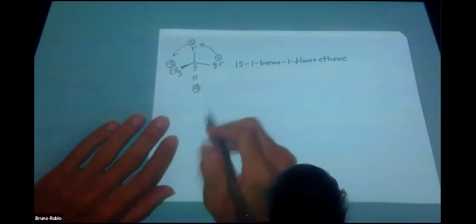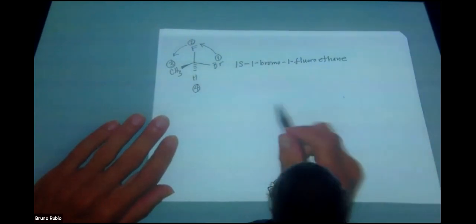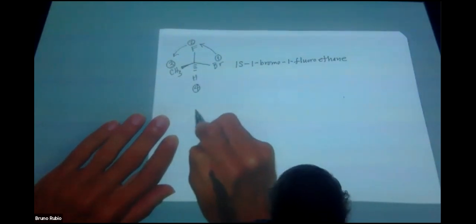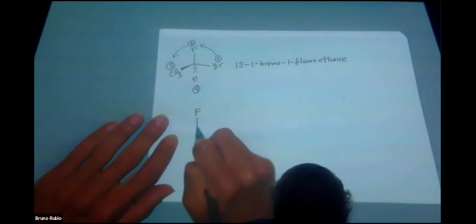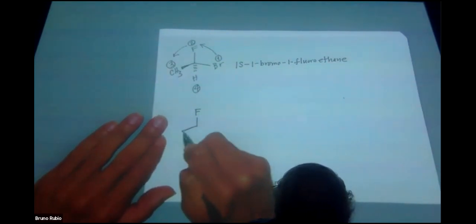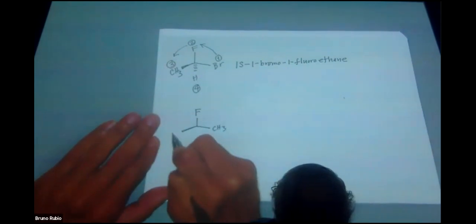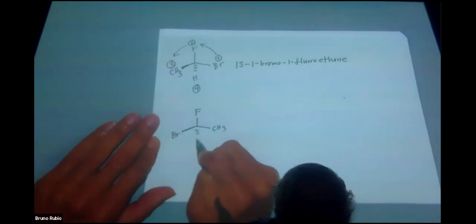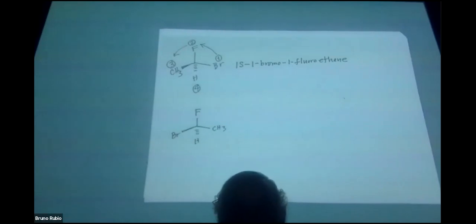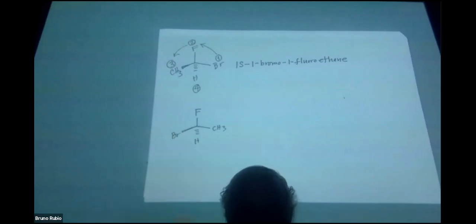Okay, so now if we look at this guy, see what I did now is I switched up the location of the Br and the CH3. And now let's determine the chirality of this chirality center.